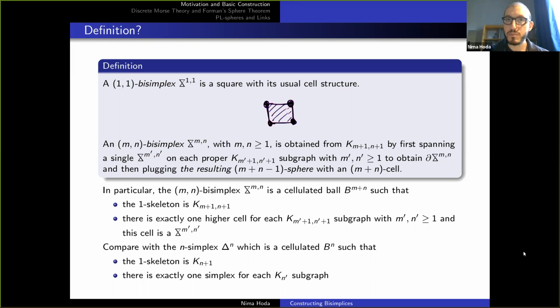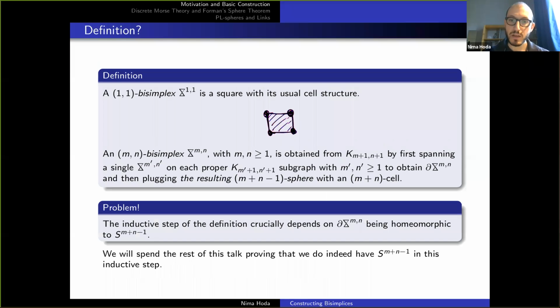Okay, but there's a big, huge problem with this definition, which is that the inductive step crucially depends on the boundary of the bisimplex being homeomorphic to a sphere of dimension m+n-1.